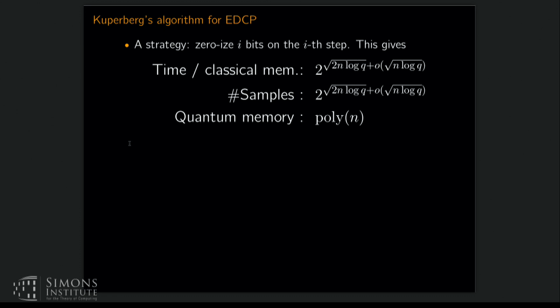But in our case, because there is Q to the n rather than 2 to the n, that gives us an algorithm with classical time and memory of 2 to the square root n log Q, and it requires the same number of original BCP samples. If you ask how many samples I need originally, following the strategy to get to the good state with the target y, you end up with this number.